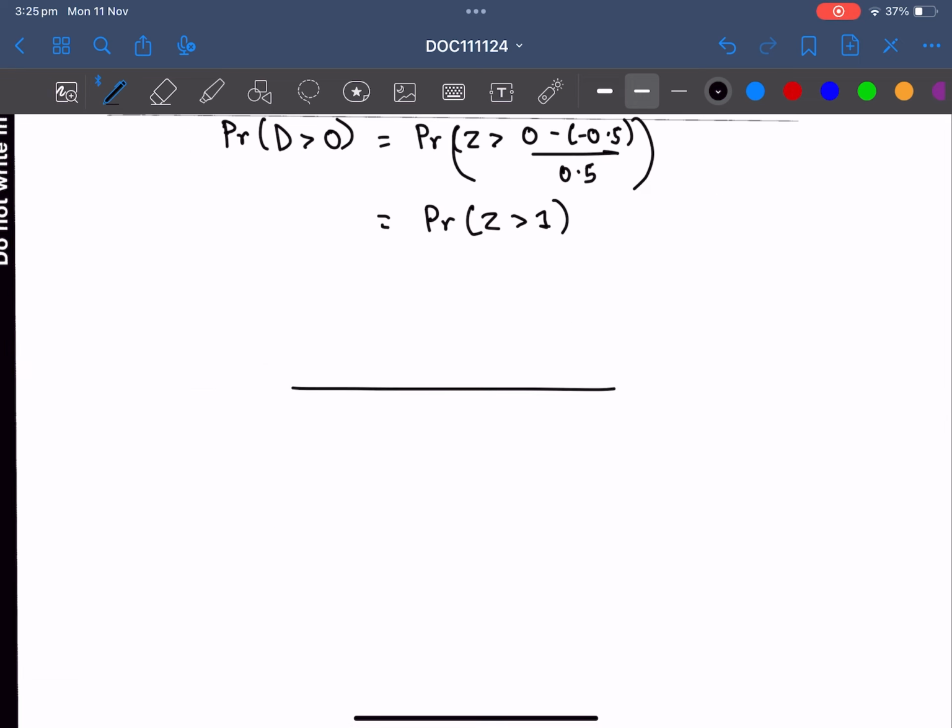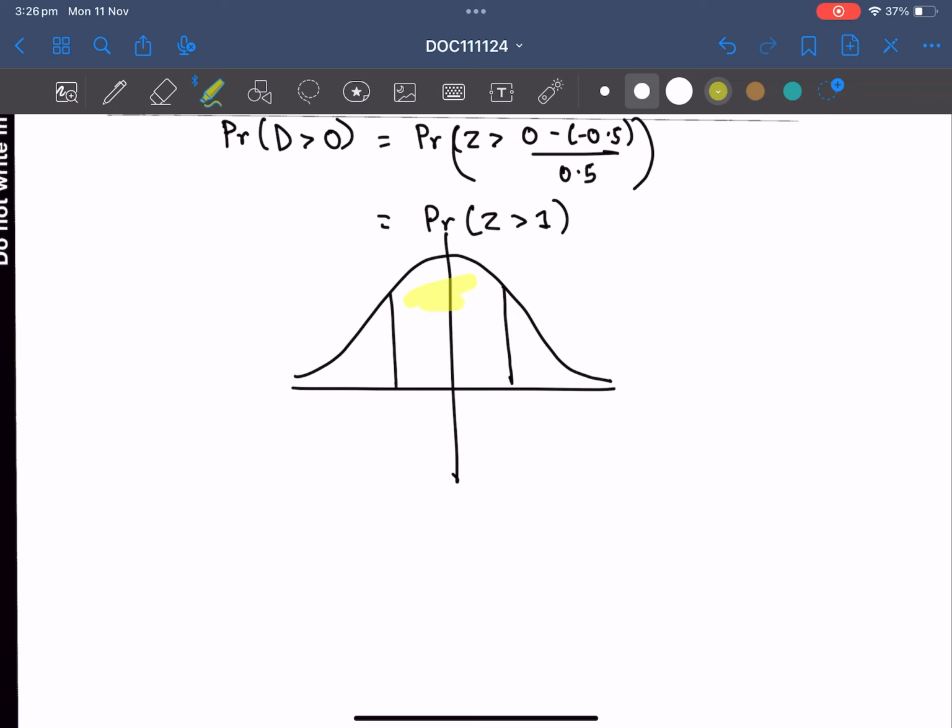So basically, if I were to draw my bell curve, okay, let's try again. Good enough. From here to here, this region is 0.68. This is our 1 and this is our -1. And what we have to find is the region here. This is the region that we are after.